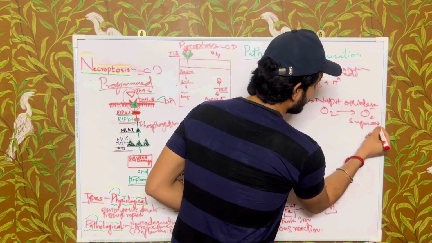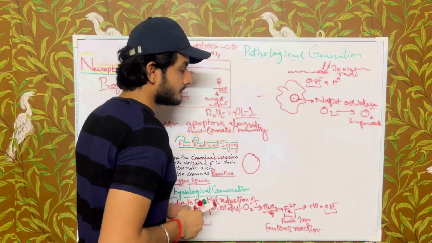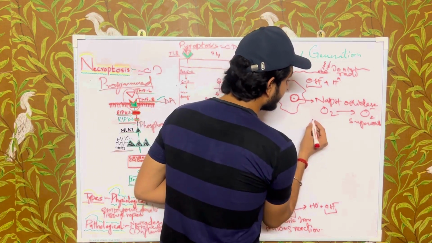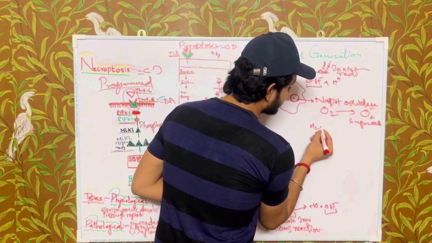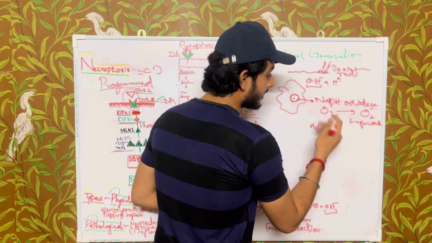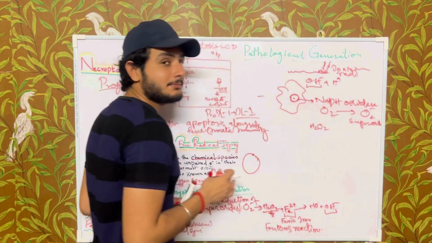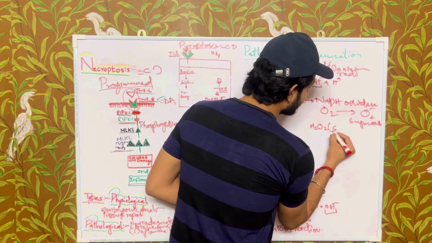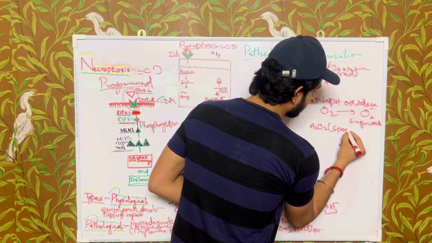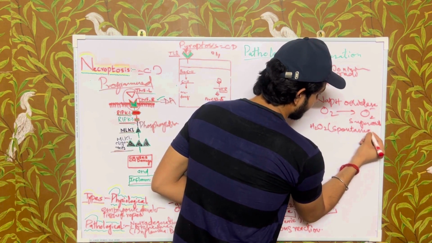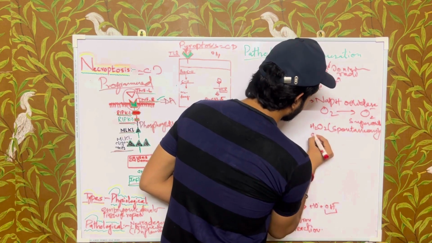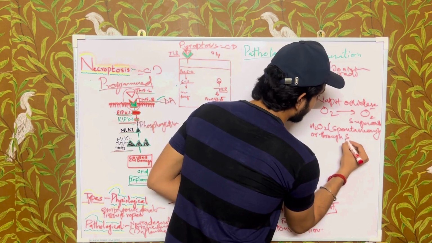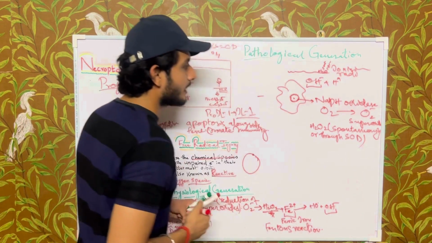This superoxide ion is further converted into hydrogen peroxide, spontaneously or through the enzyme known as superoxide dismutase.